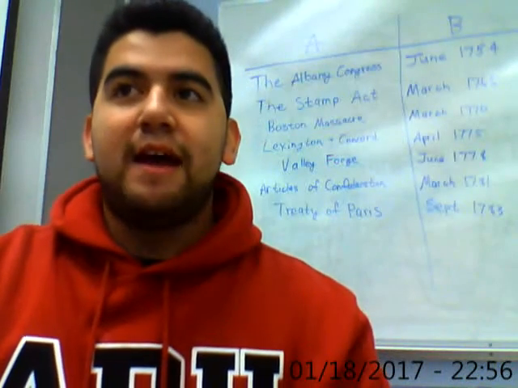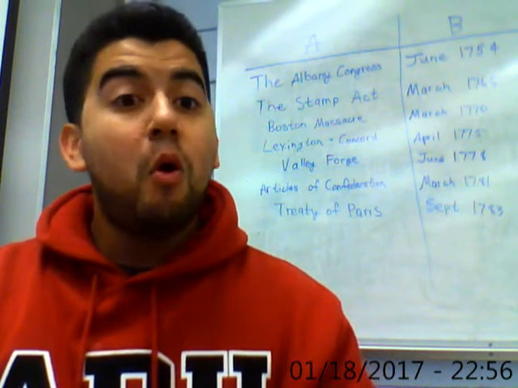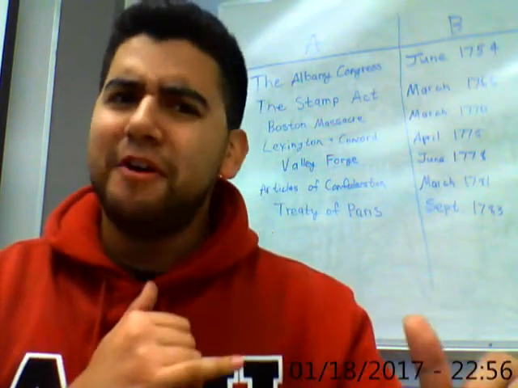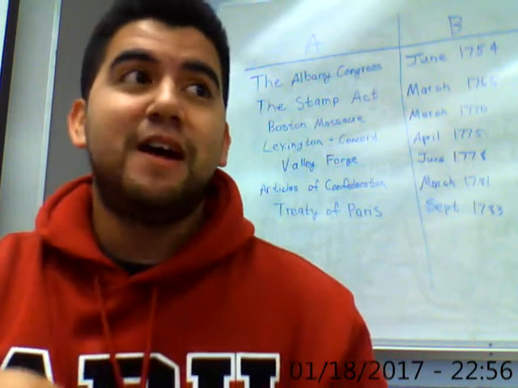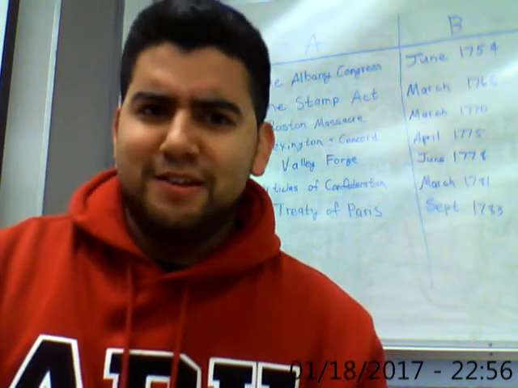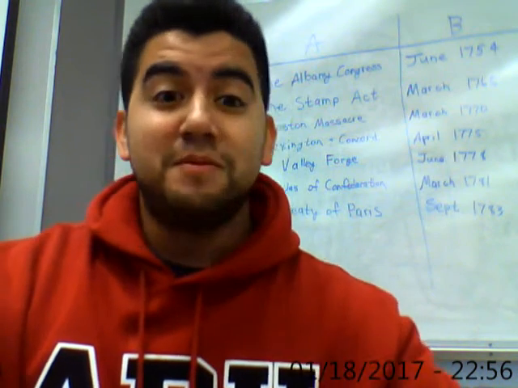Then as we go through the timeline, everyone can say, oh, I remember, I was the Boston Massacre, my date's this because my partner had this date, and oh, I was in front of this person, so that means I'm before Lexington and Concord. But then oh wait, I was after the Albany Congress because so and so was in front of me.